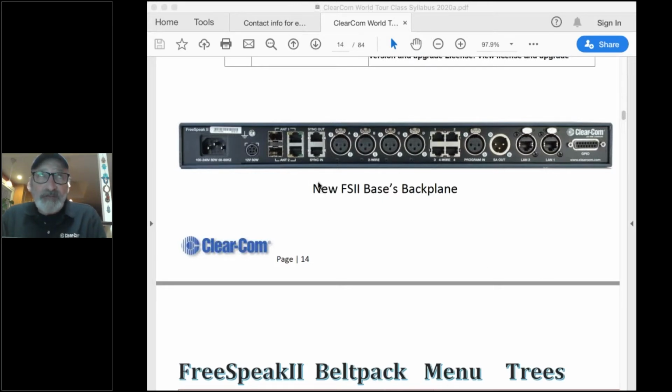Just to the right of that is something unique to the Clear-Com products. No, it's not necessarily unique to Clear-Com products, but it's unique to comms products. It's a DECT sync, and that DECT sync is useful if I have more than one base station in an RF space.